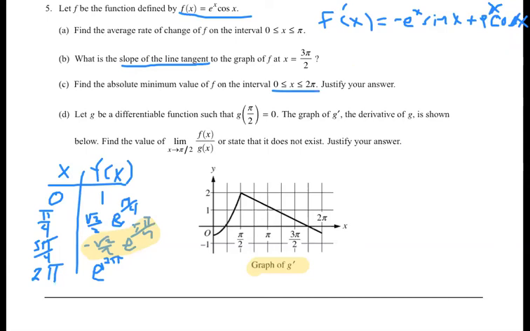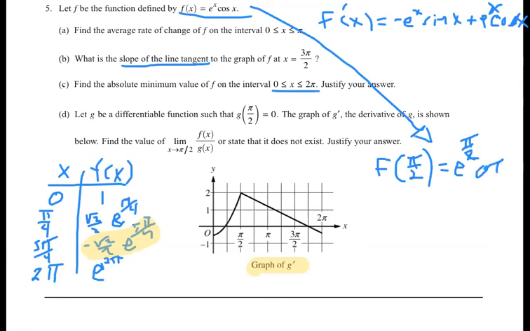for f. So f of pi over 2 is going to equal, going up there to the original problem, e to the pi over 2, sorry, e to the pi over 2. I'm using the original function here. And then cosine of pi over 2. Well, I hope you all know the cosine of pi over 2 is 0.